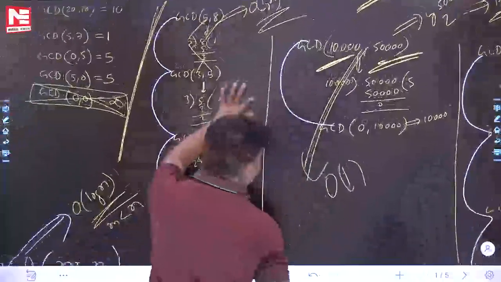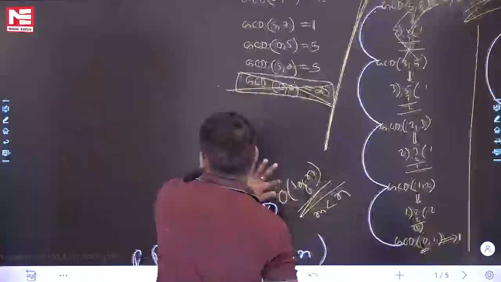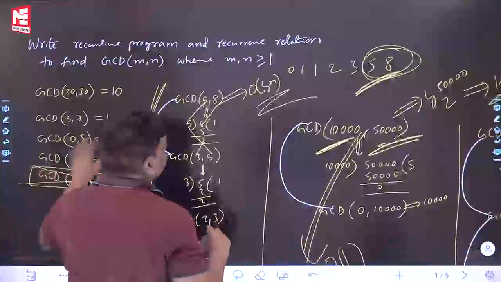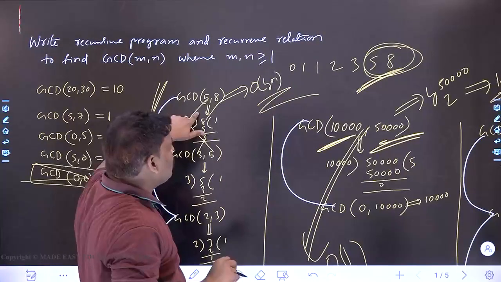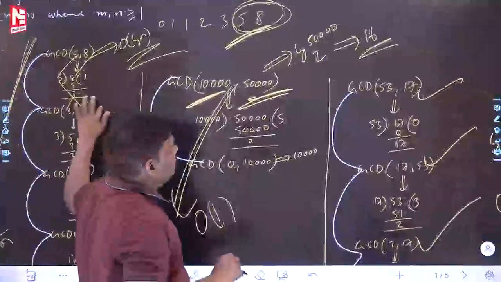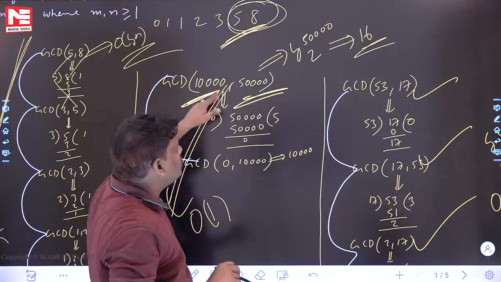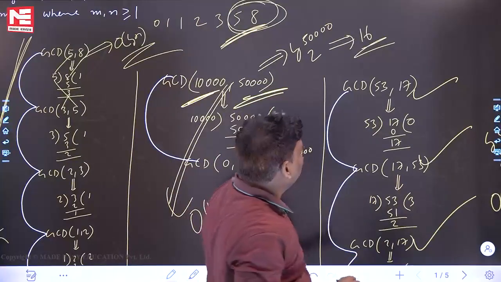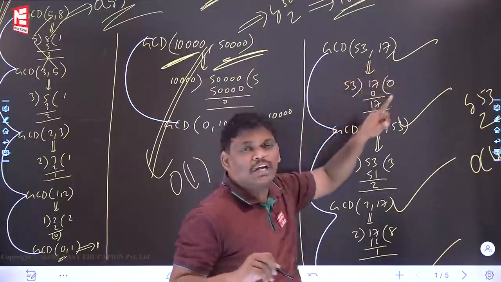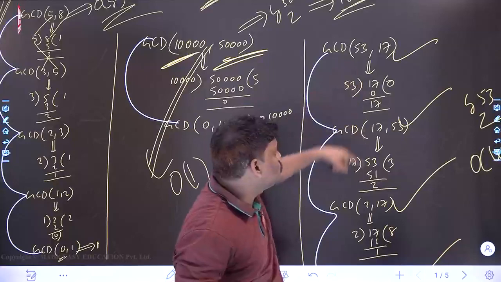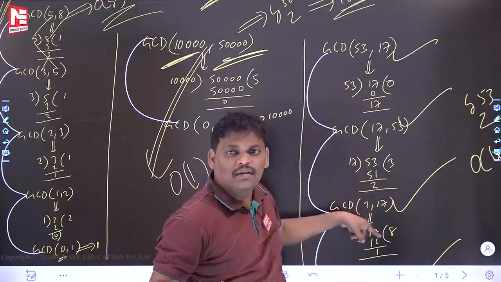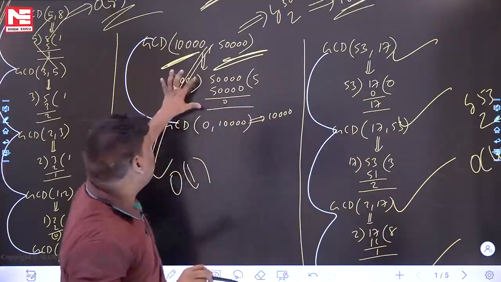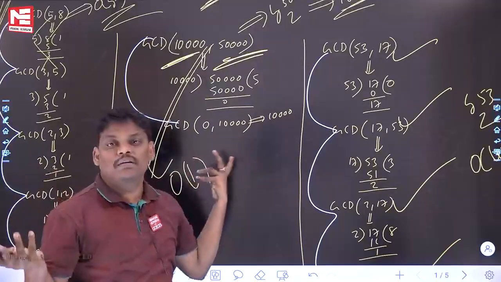Listen, I am explaining. If consecutive Fibonacci numbers are given, worst case will come. If multiples of each other are given, best case will come, which is 1. Then what about the remaining? Try to remember. It is a very rare incident that both will stop immediately.